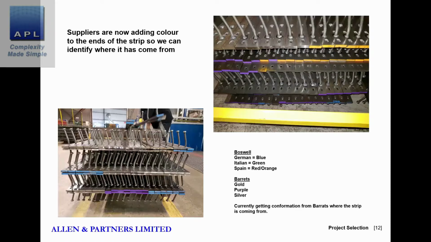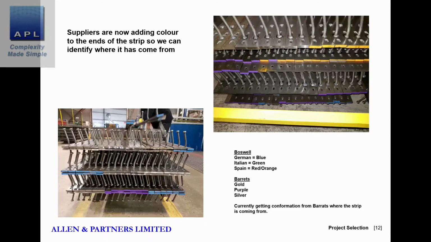And now of course what they can do is they can control the quality of the material from the individual suppliers. So if they do get a problem, they'll see what the color of the material is, they'll be able to feed that back to the supplier, and then we can deal with that.